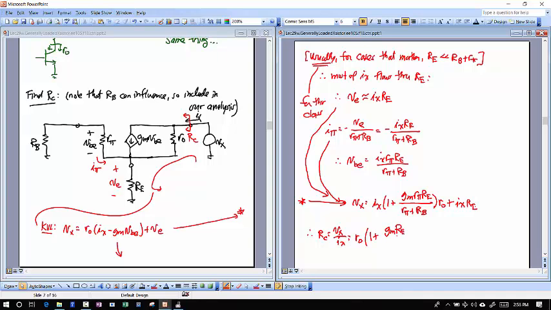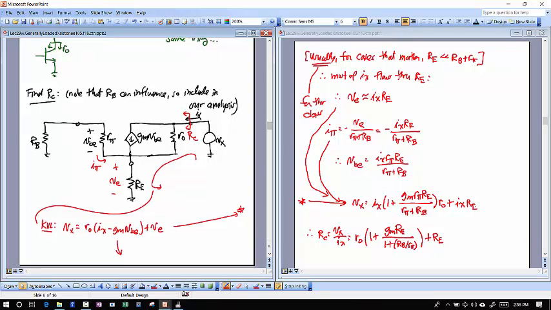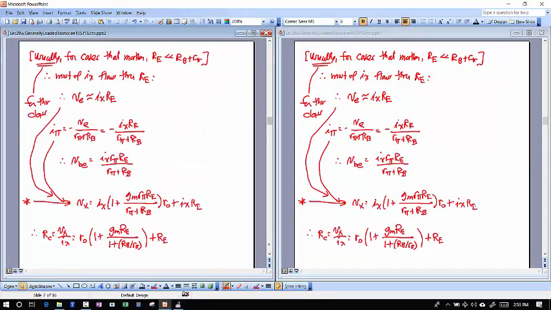But now I'm going to take that R pi and put it in the bottom of this. So I'll take this as 1 plus RB divided by R pi, the quantity RB divided by R pi. And that whole thing then plus RE. Of course, RE is a lot smaller than that R naught term there.